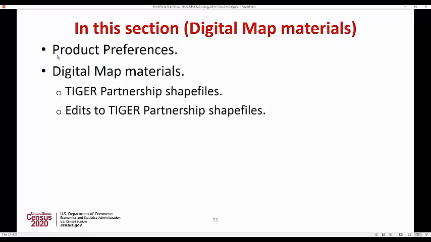Okay, here are digital map materials and your product preferences. And here you can get your Tiger files, which are shapefiles, and you'd have to import those into your GIS. And these would be Title 13.